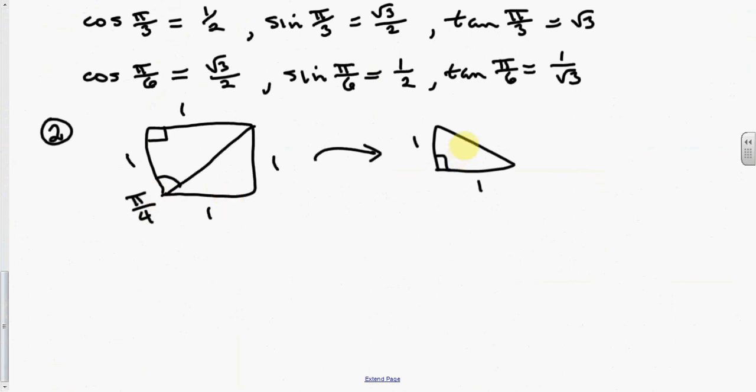If I use the Pythagorean theorem, I get the square root of 2 for this side here. And so from there, I have all the neat trig terms that I need.